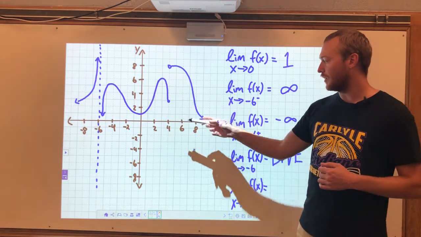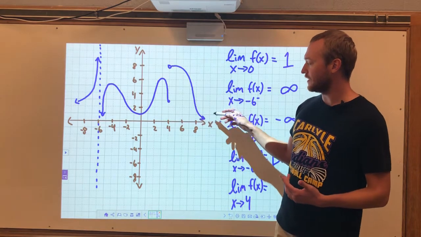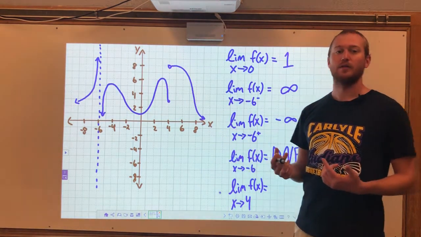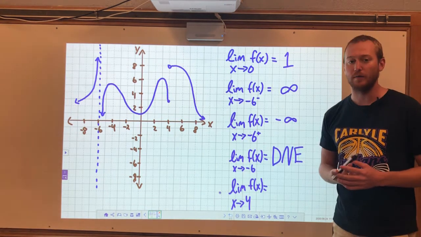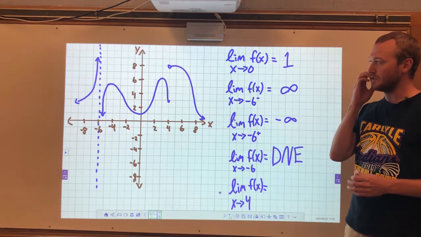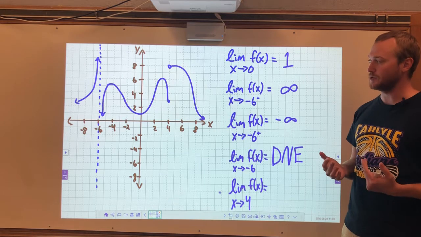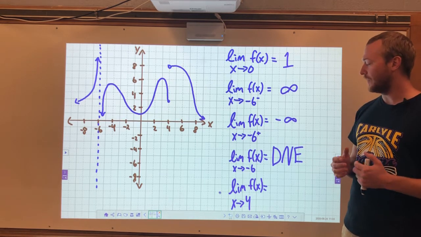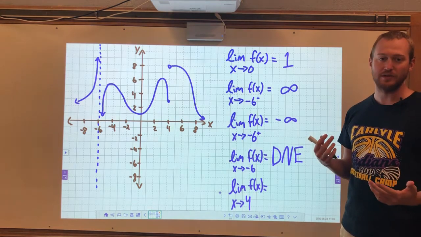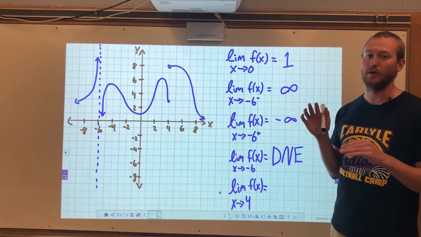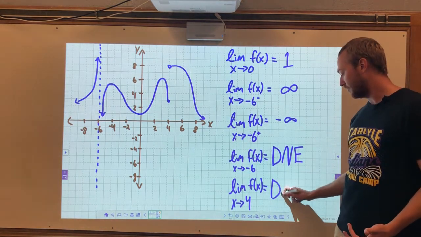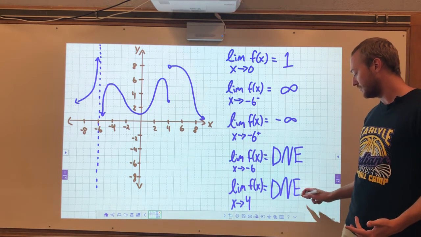If x approaches 4 from the right-hand side, we get a y value of 8. So we have two different y values that f of x is approaching. Sorry, as x approaches 4, f of x is approaching two different values, again depending on which way you're coming from. And when that happens, the limit does not exist.